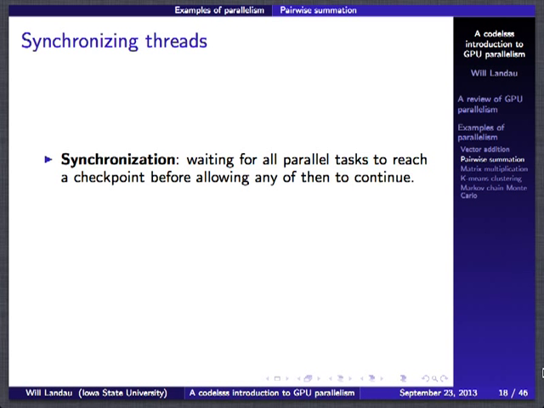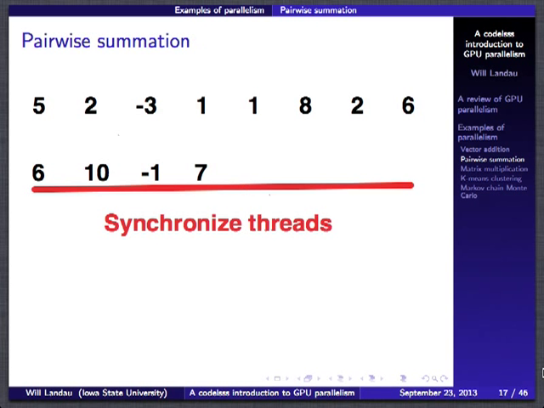It's important in this case because those values are going to be used in the next step, and we don't want to attempt to pull some data that we haven't computed yet. So we need to synchronize all the threads, and we want to make sure that all these threads are in the same block. You can only easily synchronize threads that are in the same block. Synchronizing threads in different blocks is very difficult and inefficient. I don't even know how to do it.